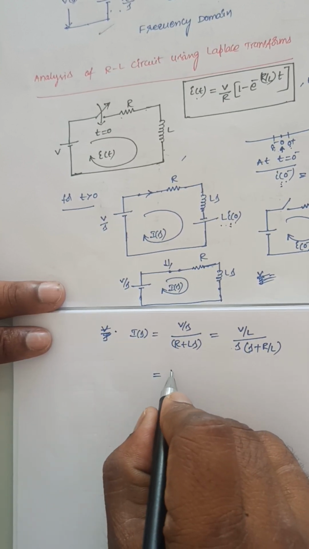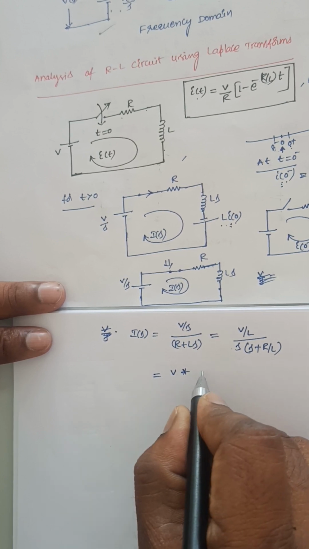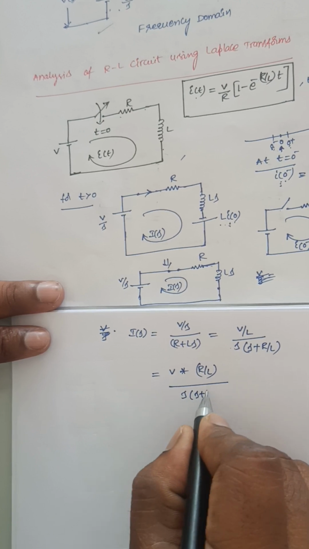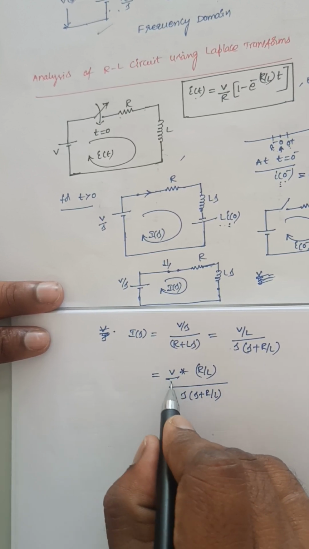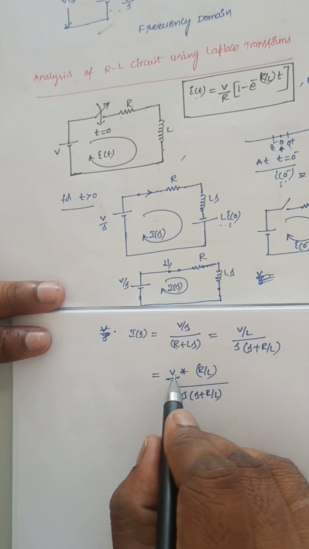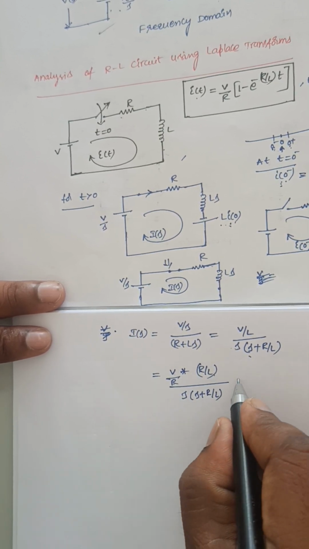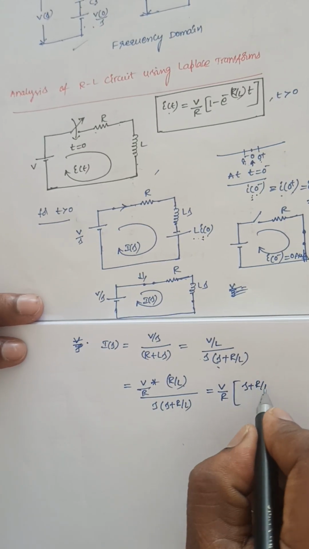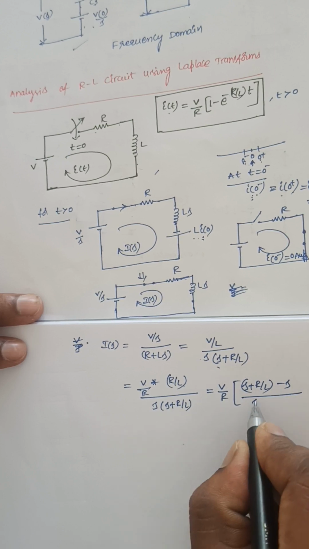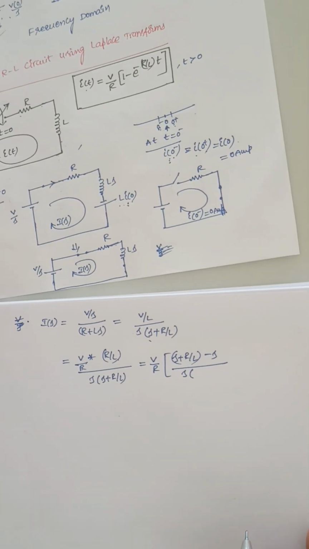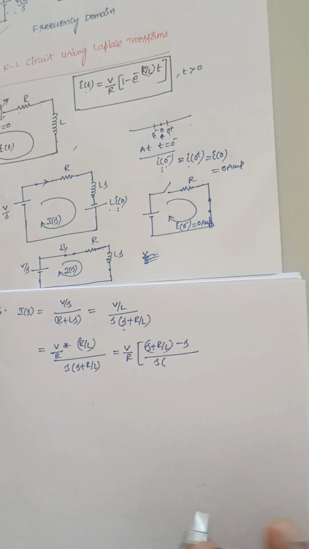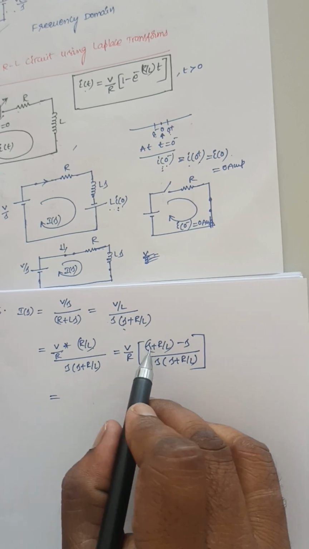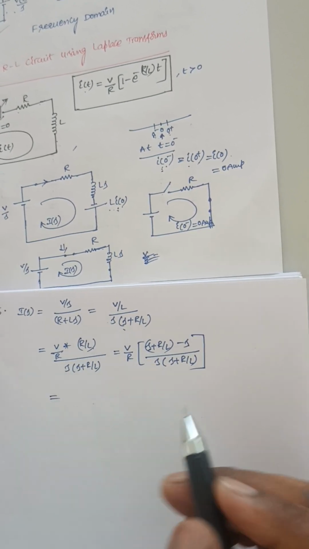So what I am doing here is V into R by L divided by S into S plus R by L, and here it is V by R. This R and this R will get cancelled, so V by L into the same thing will appear here. So it is V by R into S plus R by L minus S divided by S into S plus R by L. So this S and this S will get cancelled, the same R by L will appear here.